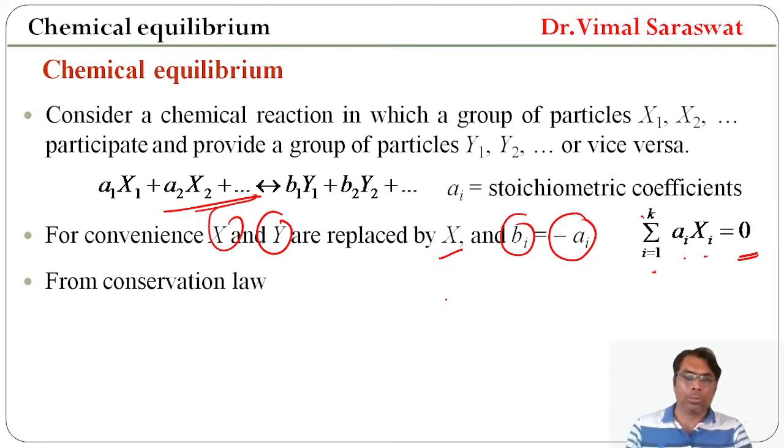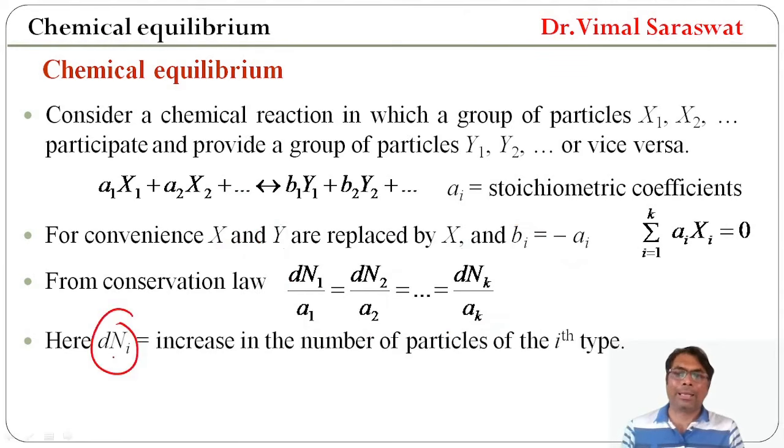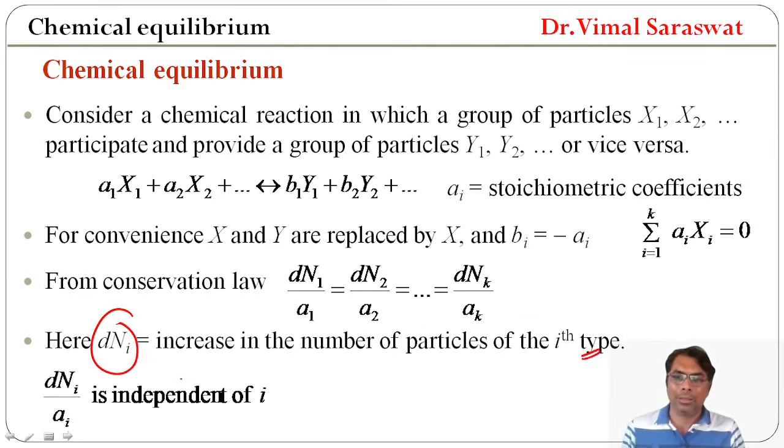From conservation law, dn1 upon a1 equal to dn2 upon a2 is equal to dnk upon ak. Here dni is the increase in the number of particles of ith type and dni upon ai is independent of i.